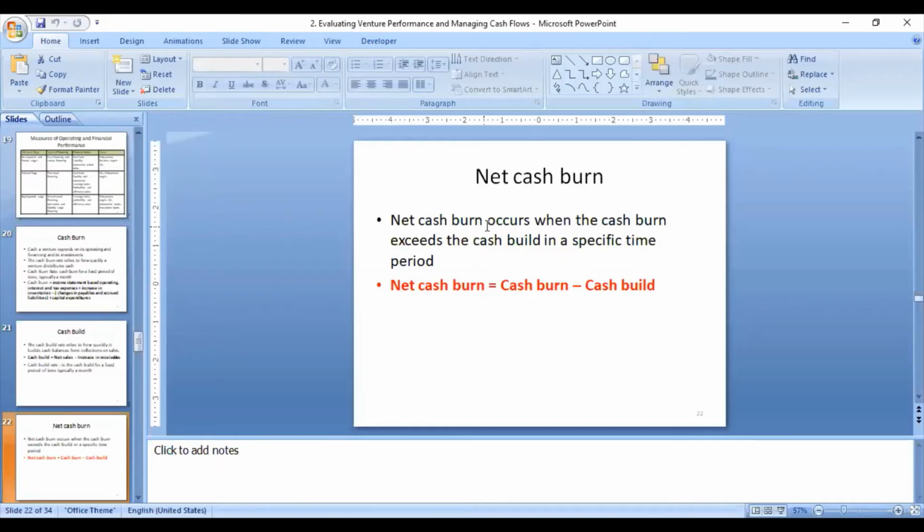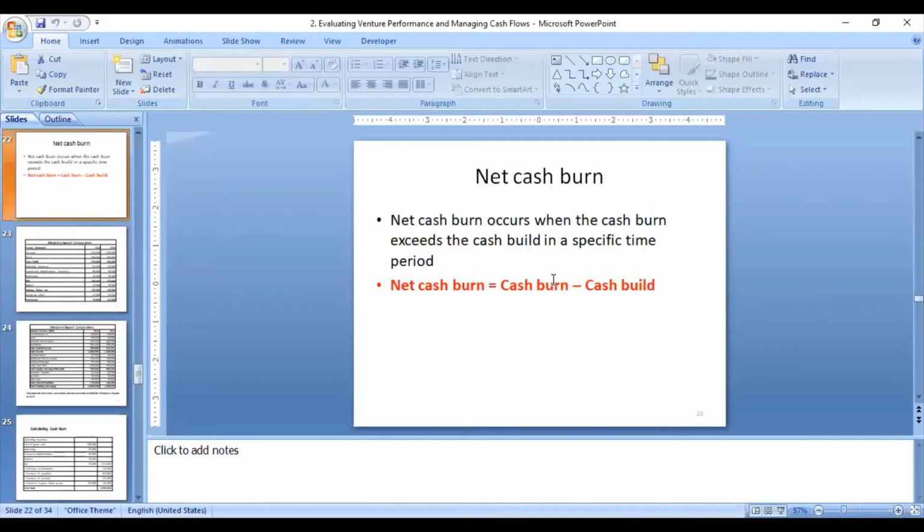Net cash burn occurs when the cash burn exceeds the cash build. When there is a net cash burn, it means cash burn is higher than the cash build. So you can tell whether it is a net cash burn or net cash build.